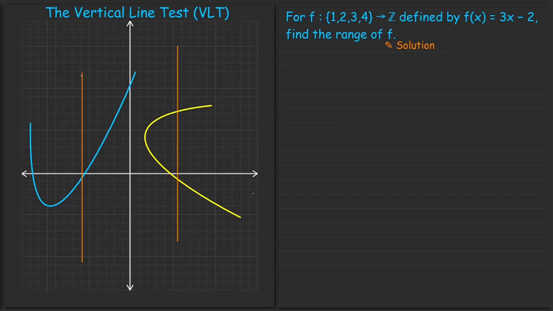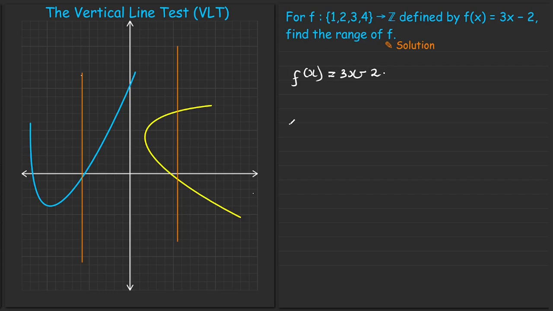So how do we go about it? This is just a matter of simple substitution. We know our function f of x is given by 3x then minus 2.